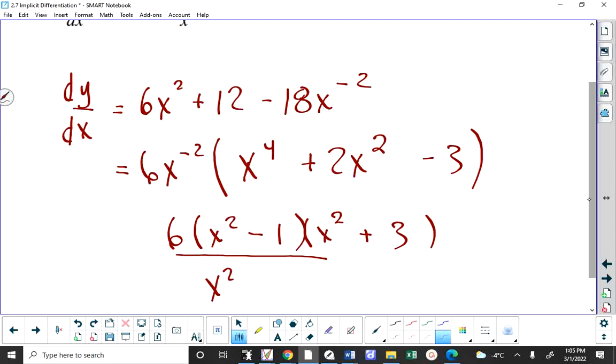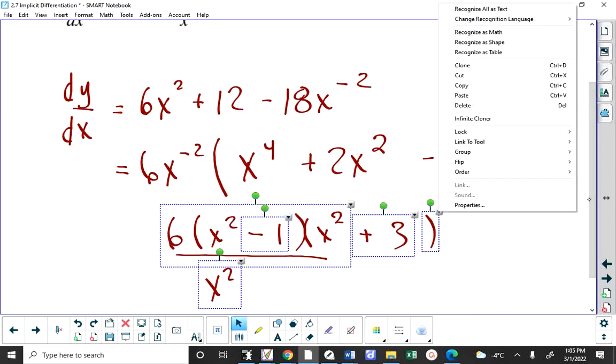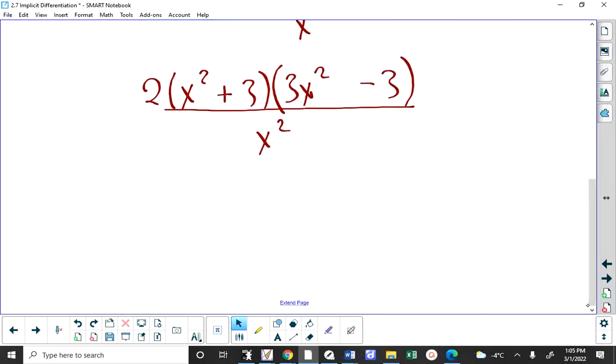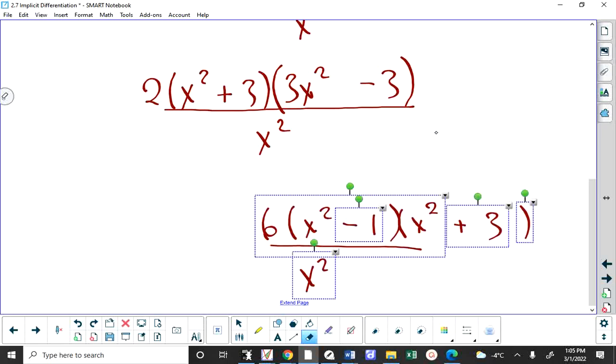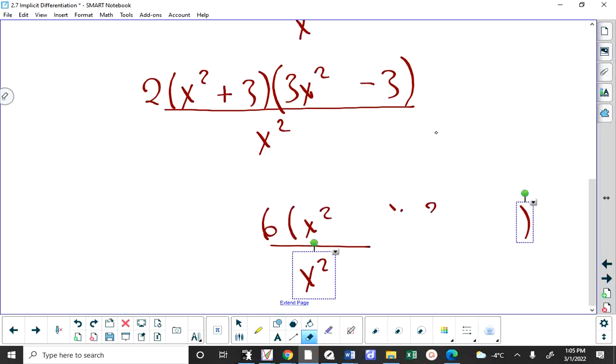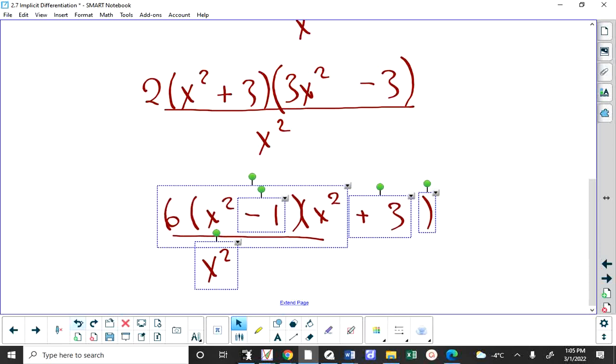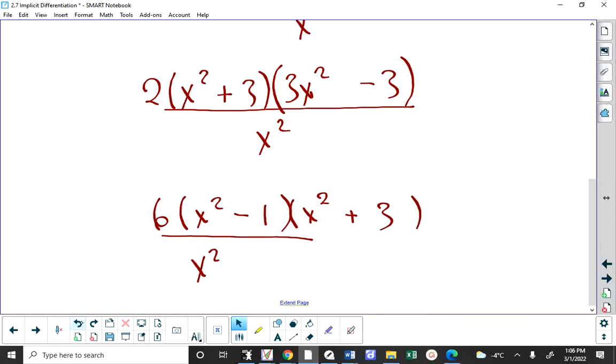And if you were to compare it to where we were at here, I hope you can see they really are the same thing. And as I said, you would go even further and take the x squared minus 1 and factor it into x plus 1, x minus 1.